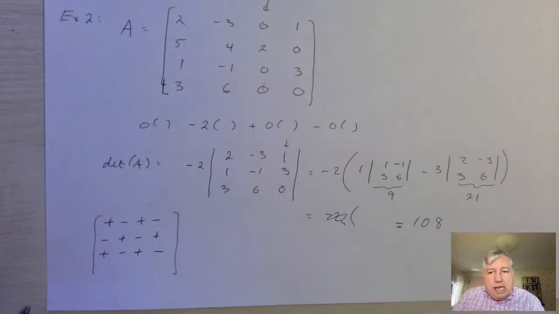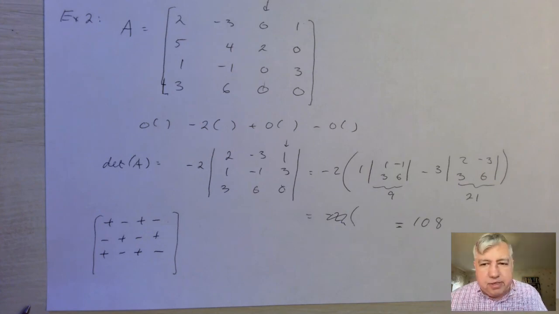Now, again, you should be able to compute this by hand. Although, I'm probably not going to ask you to compute the determinant of a 5 by 5 matrix, or even a very complicated 4 by 4 matrix. Okay, unless there are a lot of zeros in it.